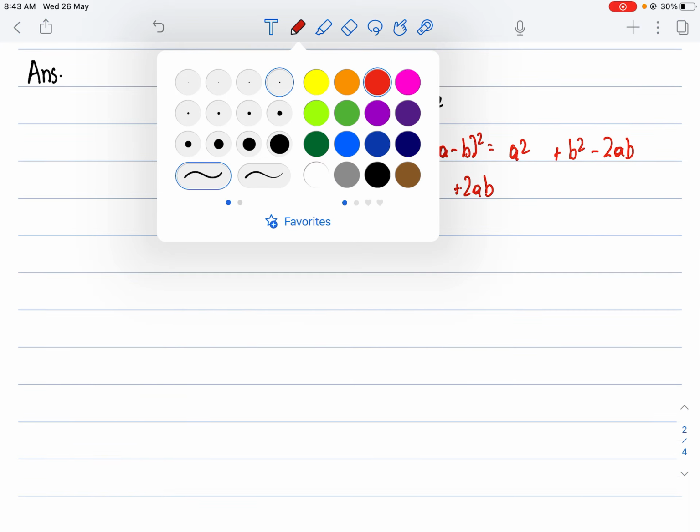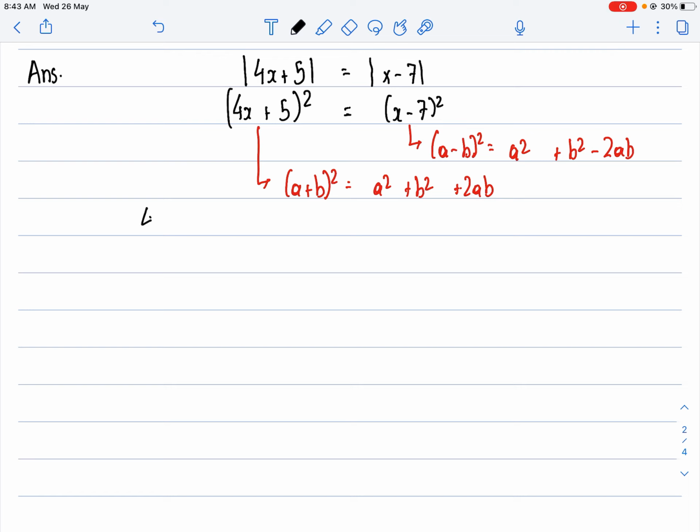Okay, so what I can simply do is write this as (4x) square plus 5 square plus 2 into 4x into 5, which is equal to a square, which is x square, plus b square, minus 2 into x into 7.